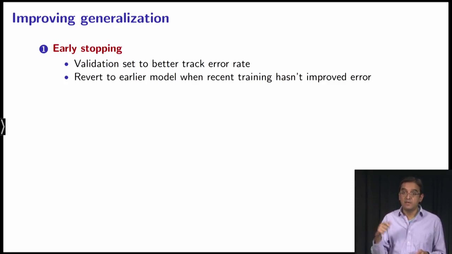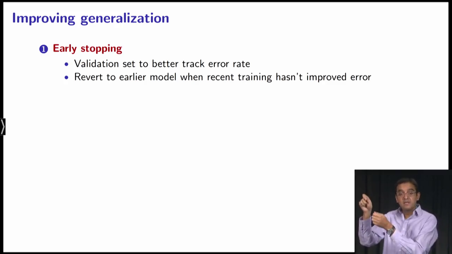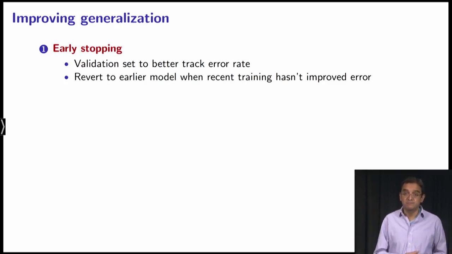Do we have a better model now? If we've improved, great. If we haven't, what we can do is to simply revert to that previous model, the model from 100 iterations ago, and restart the optimization at that point. Okay? This is a very handy trick.